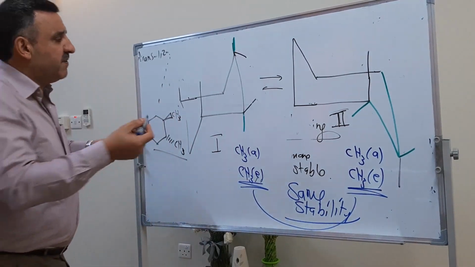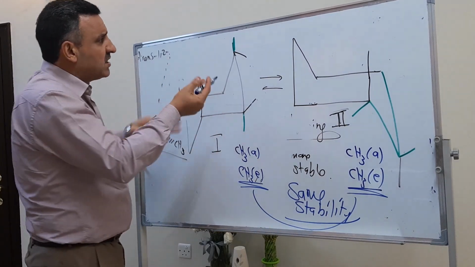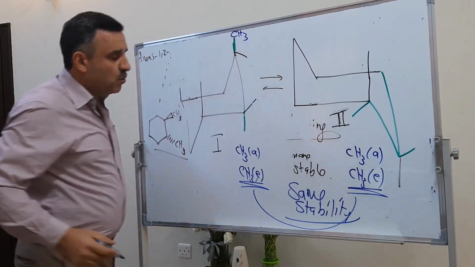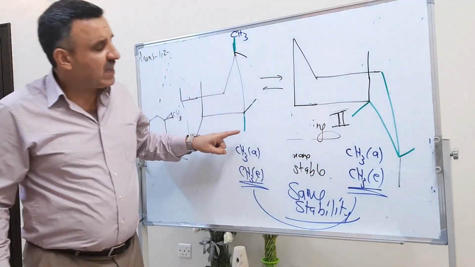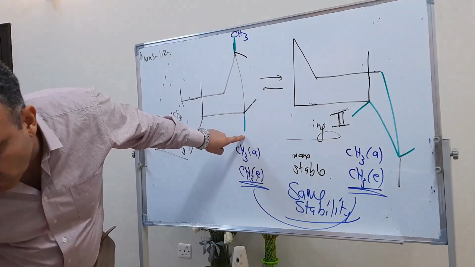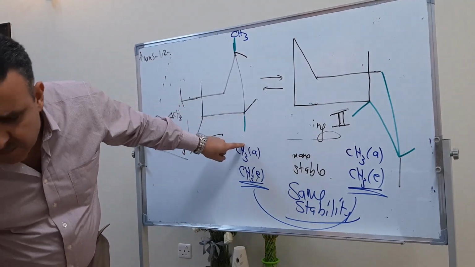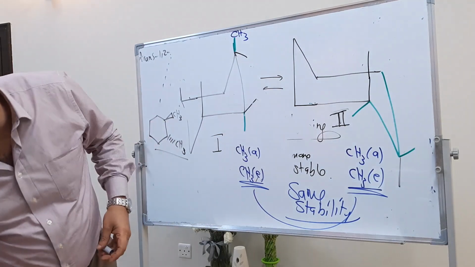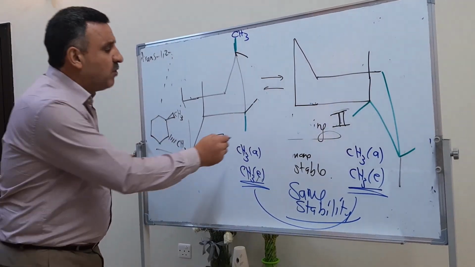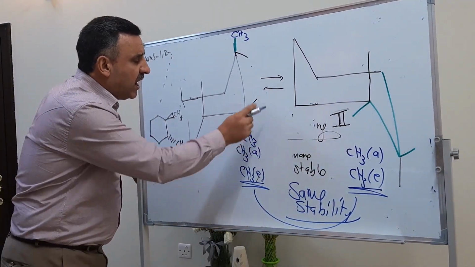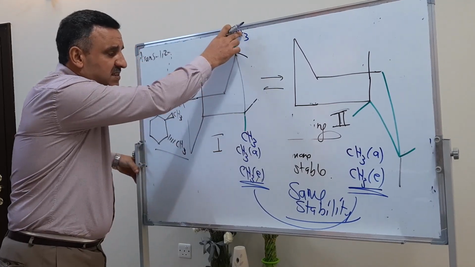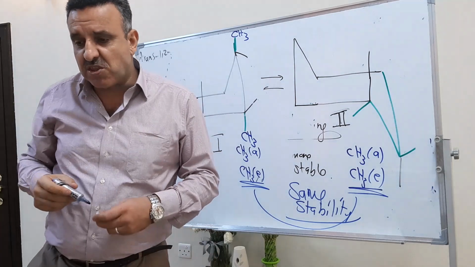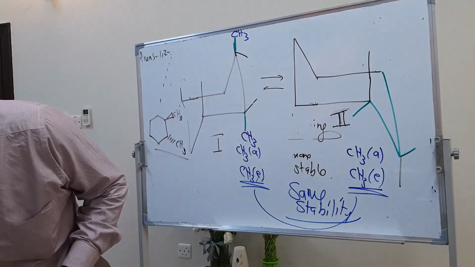Now, you start with a certain point. If you choose to put the methyl here, where should I put the other methyl, at the axial or at the equatorial? In order to keep it trans, should I put it at the axial? Because otherwise, if I add the methyl here, it will be cis, but here we're talking about the trans. So this is the first option, that the two methyls are diaxial.